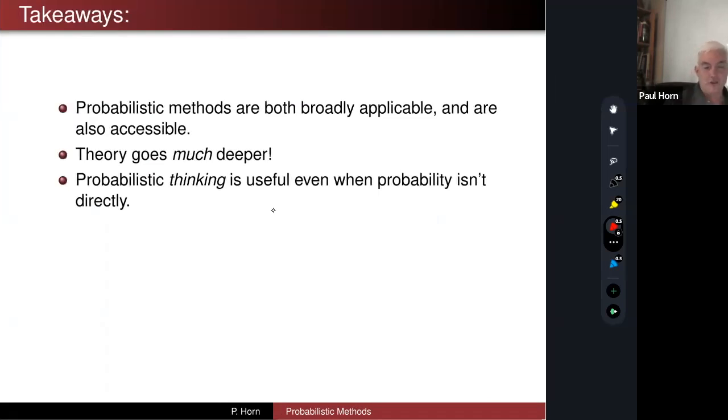And this is just the tip of a huge iceberg. But I hope you've seen that by taking simple ideas here, you can really run with them. Even in cases where probability per se isn't necessarily that useful, I find that thinking in somewhat of a probabilistic sense or an average case sense is useful in all sorts of problems in combinatorics.